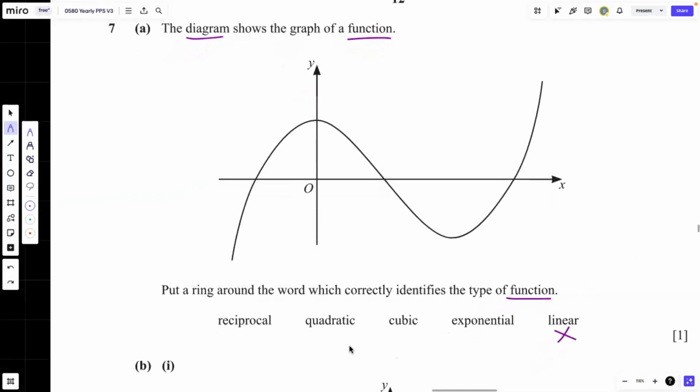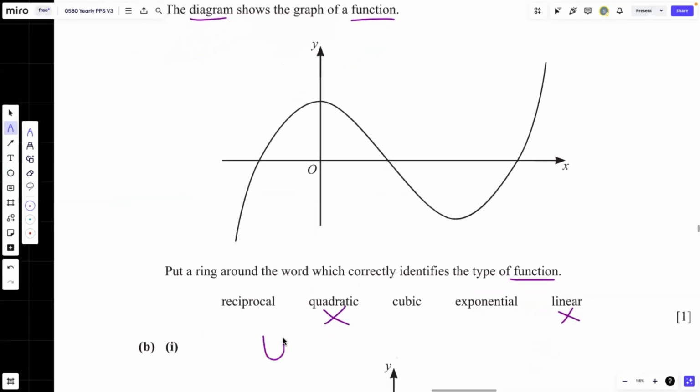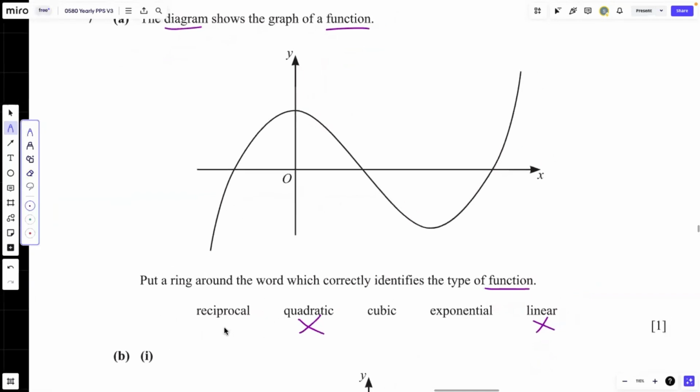Now let's cancel out other options. It's not going to be quadratic, because a quadratic has either this U, the happy face, or the sad face. It does not have a mixture of both. So it's not going to be quadratic either. It's not going to be reciprocal either, because for reciprocal functions we usually have something of this sort.